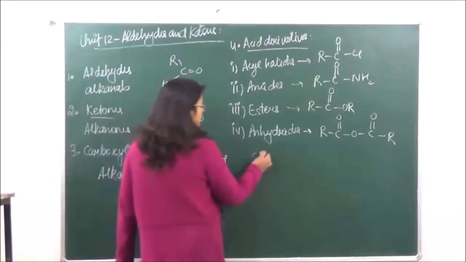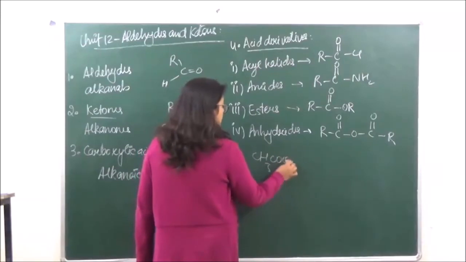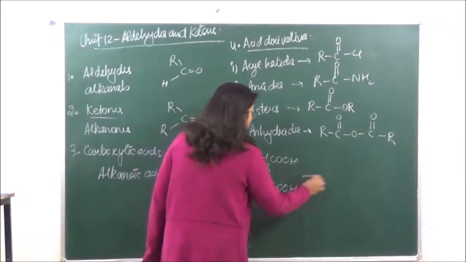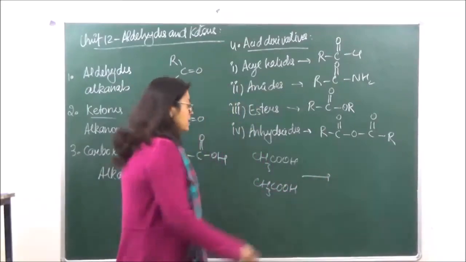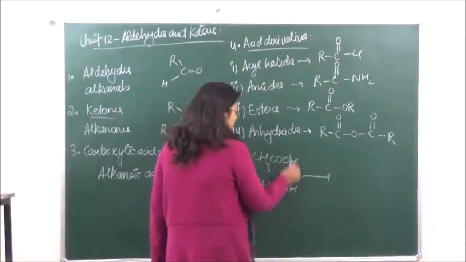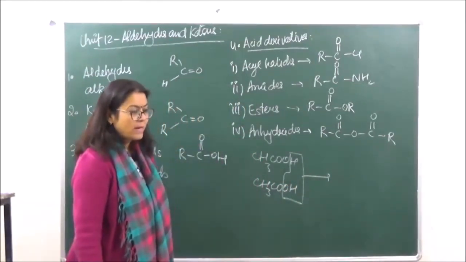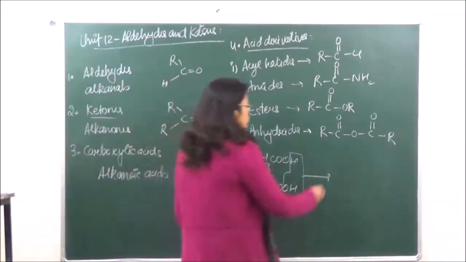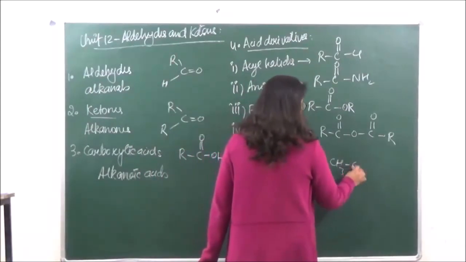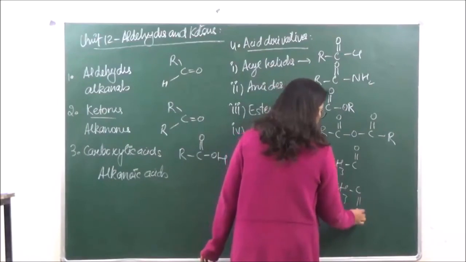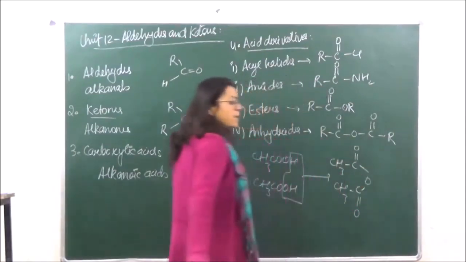As for example, if we are taking two molecules of acetic acid, one molecule of water is going to be lost. So the anhydride which is formed over here is known as acetic anhydride with this kind of a formula.